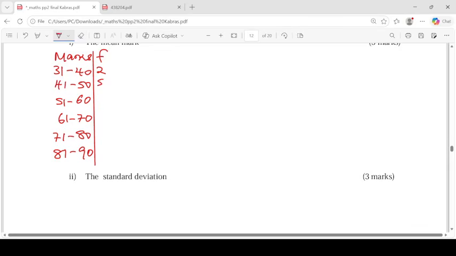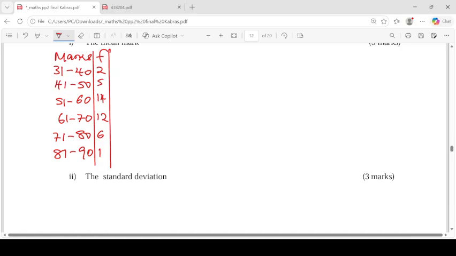Then sorry, not really that way. It is 2, 5, 14, 12, 6, then 1. After getting the frequencies, we can get the midpoint x. X is our midpoint. How do we get the midpoint? That is 31 plus 40 divided by 2.